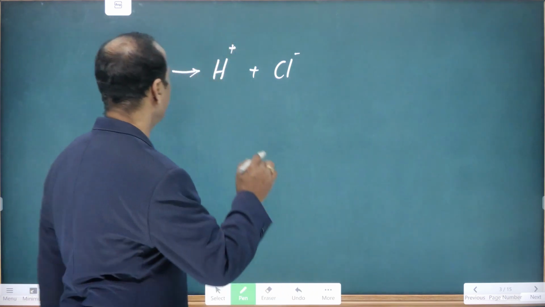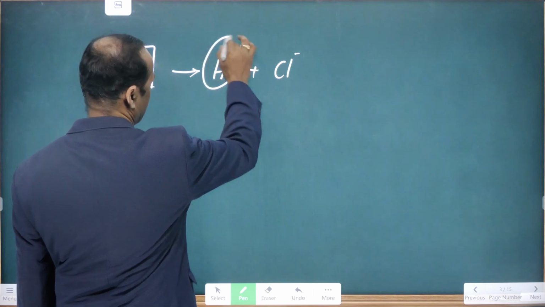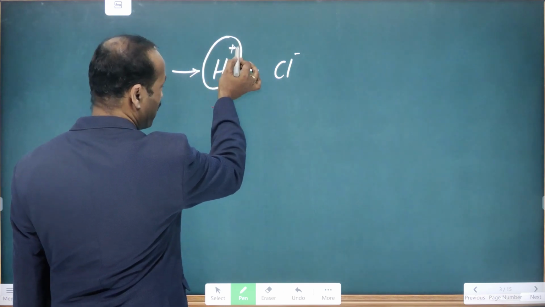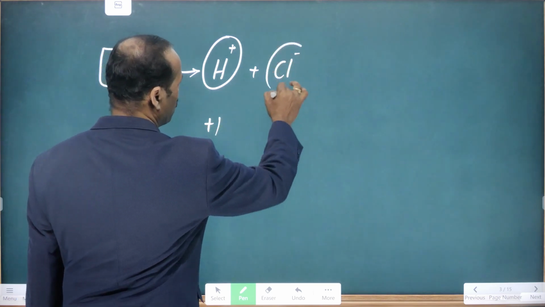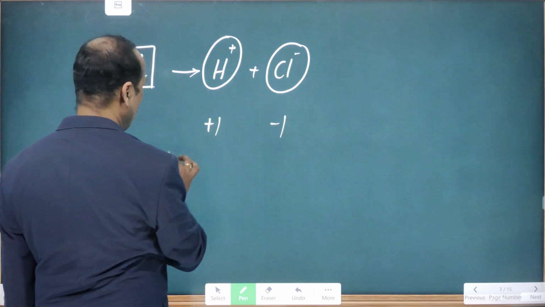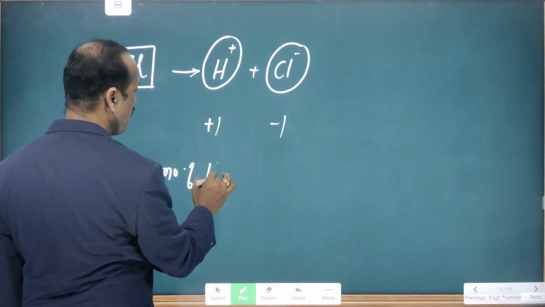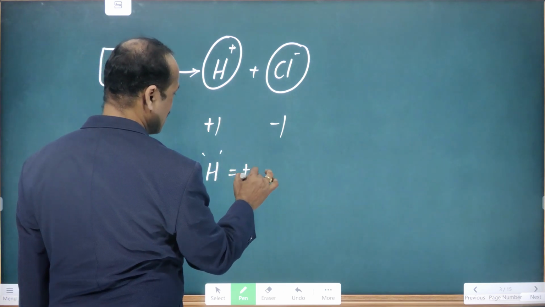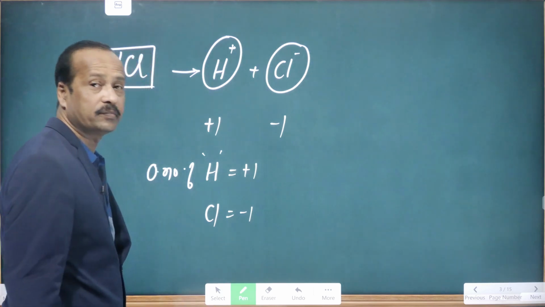So the net amount of charge present on hydrogen in the HCl molecule is H plus. We are not writing any number, therefore it is plus 1. And the net charge present on chlorine is minus 1. So the oxidation number of hydrogen is plus 1 and chlorine is minus 1.